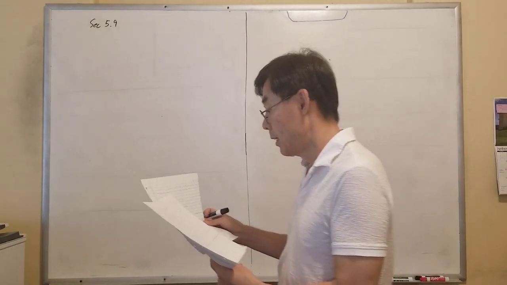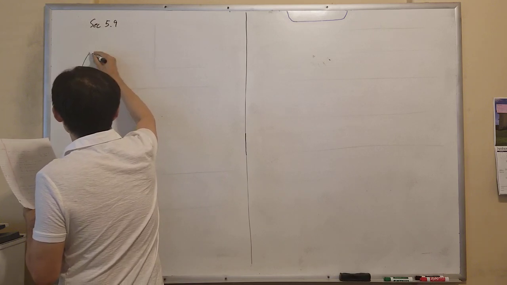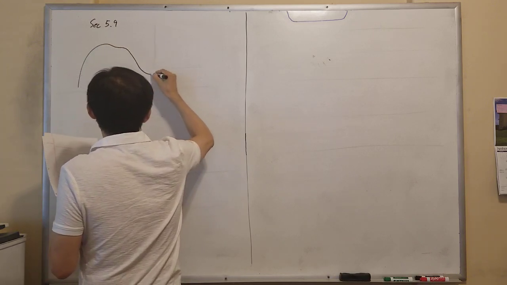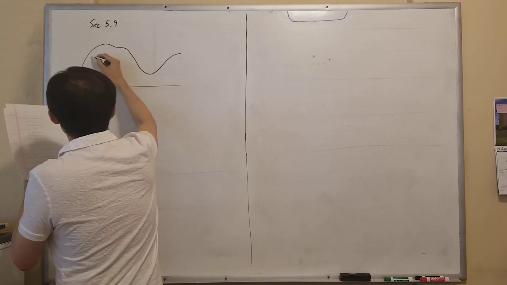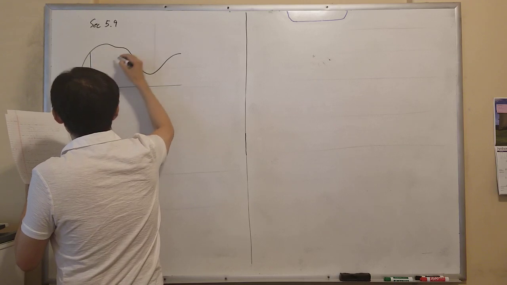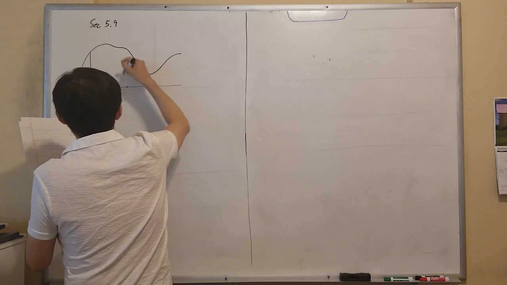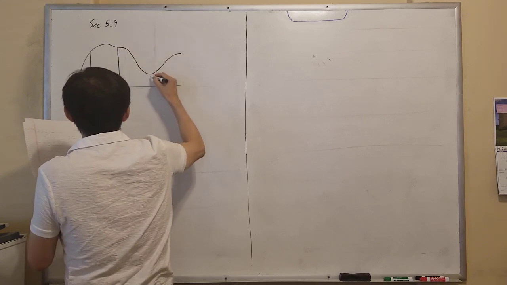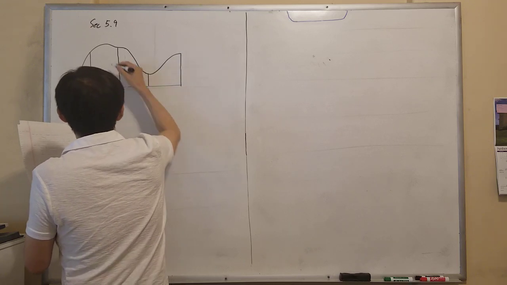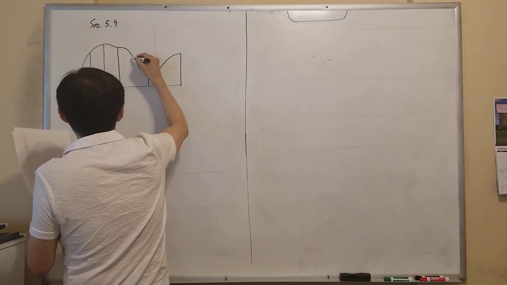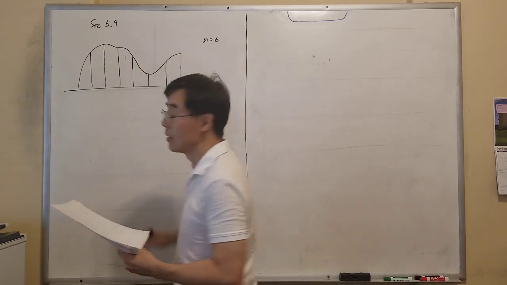So, in Simpson's rule, what we're doing is this. Let's say you have 6 subintervals, n equals 6 case.